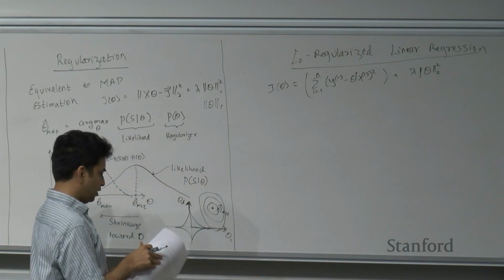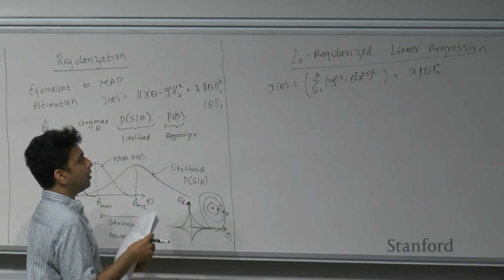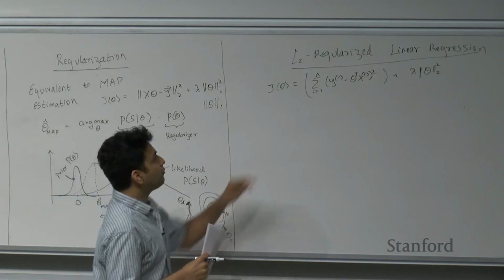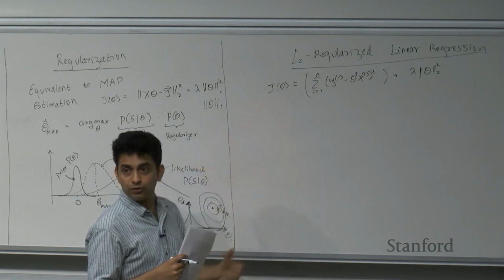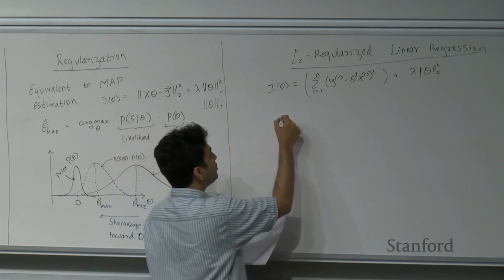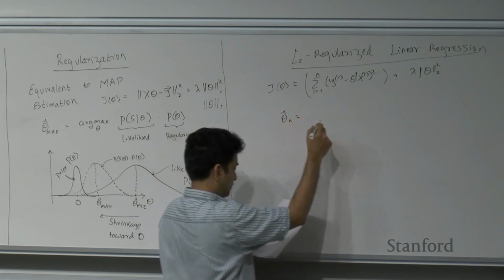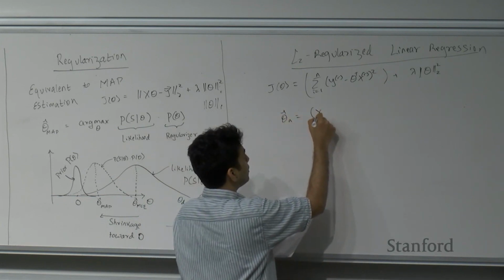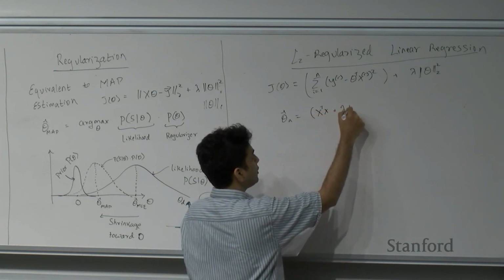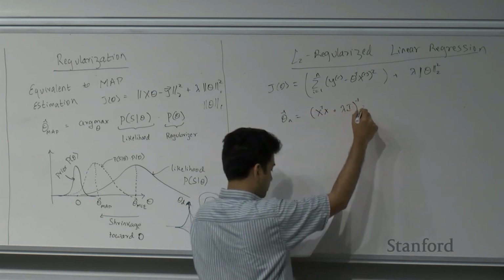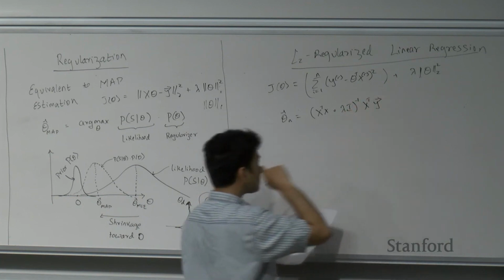If you work out the optimal value of theta for this case, there is a closed form solution: theta hat n is equal to (x transpose x plus lambda I) inverse x transpose y.